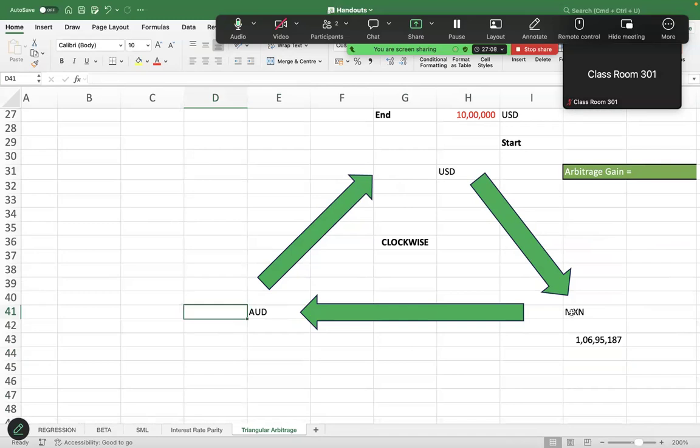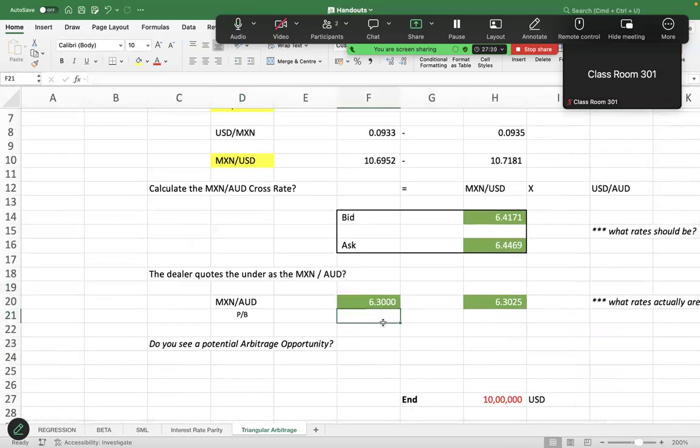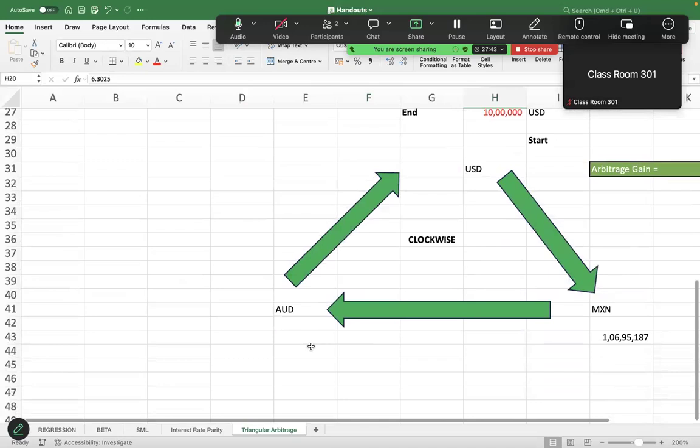Now we have to look at the AUD MXN rate. जो डीलर का कोट है वो, नॉट द क्रॉस रेट, डीलर कोट, बिकॉज मार्केट में वही ट्रेड कर रहा है। AUD MXN का जो डीलर कोट है वो ये है, ये देखिए आप, MXN AUD, which is the base currency, ऑस्ट्रेलियन डॉलर इज द बेस करेंसी। आपको ऑस्ट्रेलियन डॉलर खरीदना है, हमेशा ज्यादा प्राइस पे खरीदोगे, तो अब इस प्राइस पे खरीदोगे 6.3025 Mexican peso for one Australian dollar, which means how many Australian dollars can I buy?